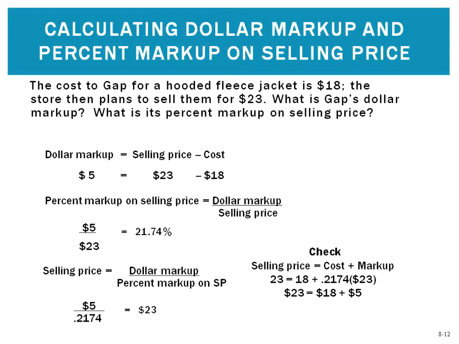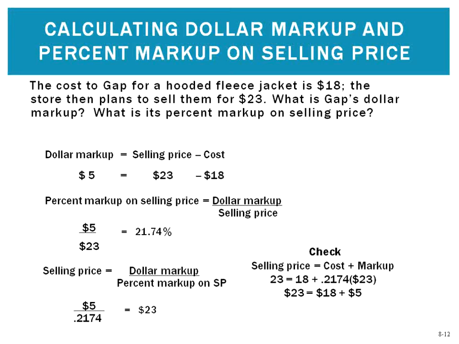Okay, here's another way to check. Selling price is equal to cost plus markup. This is never going to change. Your selling price is always equal to cost plus markup. We know that our selling price is 23. We know that our cost is 18. And we know that our markup is 21.74% of our selling price. So it's 0.2174.